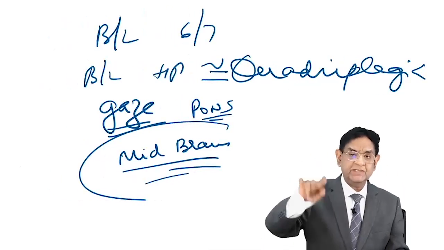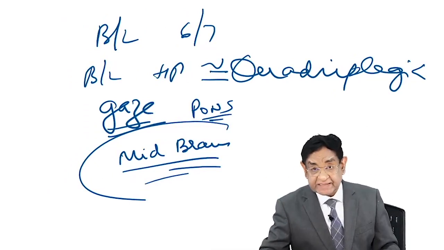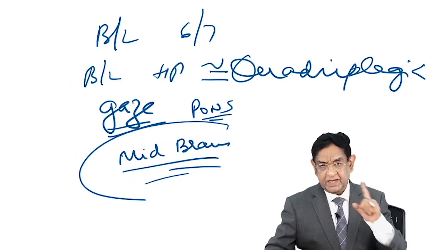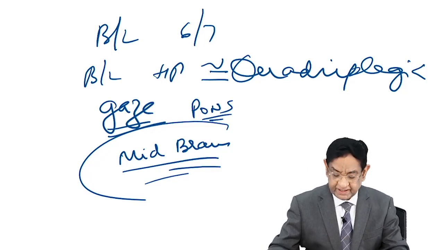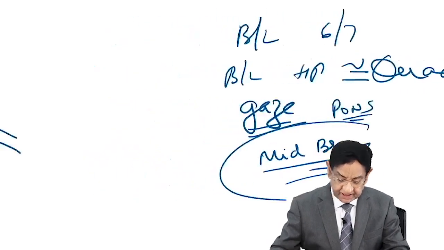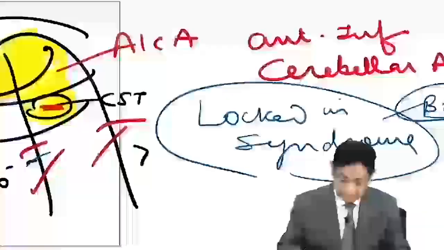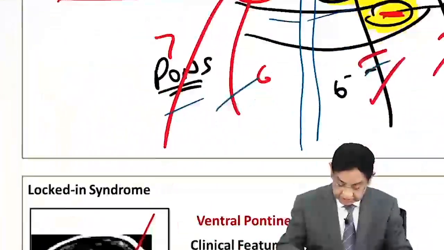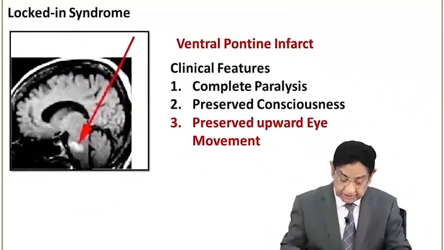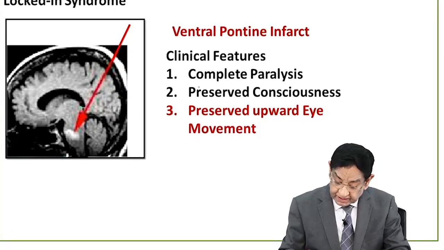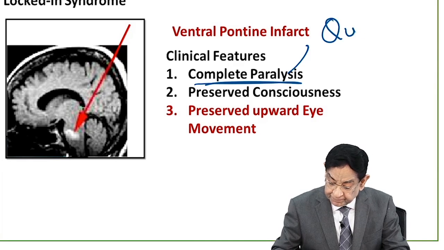So locked in syndrome occurs due to what? Basilar artery. And Millard-Gubler occurs due to anterior inferior cerebellar artery. Okay, so you are clear about locked in syndrome also. So locked in syndrome, complete paralysis, that is quadriplegia.